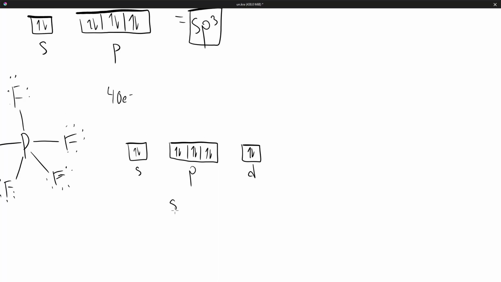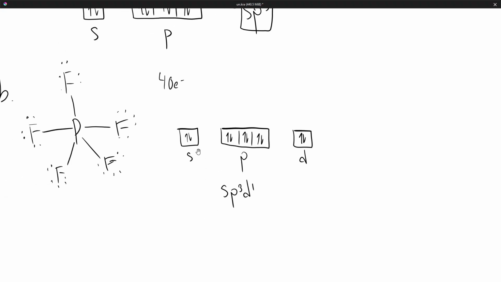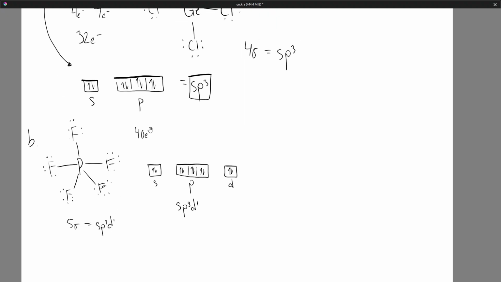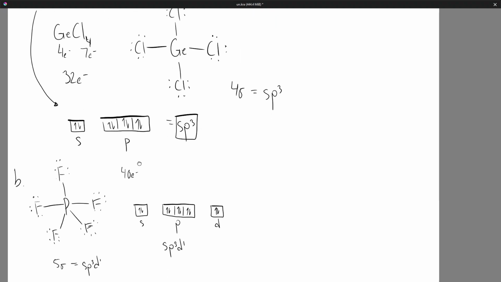So this adds up to be sp3d1, which can be proven by looking at the bonds around phosphorus. There's 1, 2, 3, 4, 5 sigma bonds. They make sp3d1. And that's it for number 6.